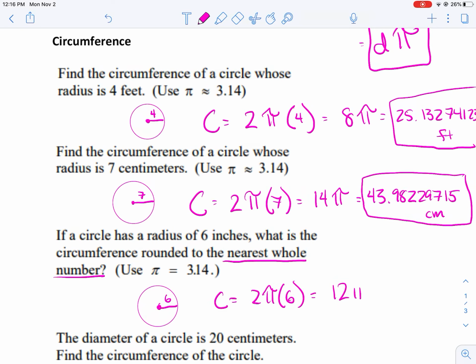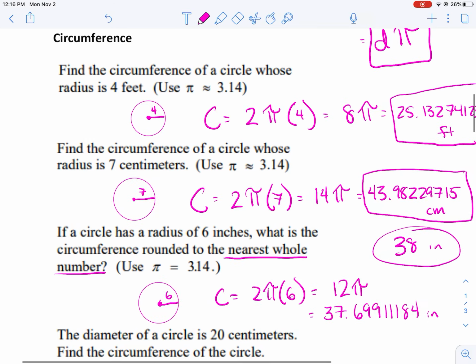It's equal to 12 pi, which is equal to 37.6991184, and this is inches. Oh, we got to round up. So the nearest whole number, 38 inches. Cool. I like that number a lot better.